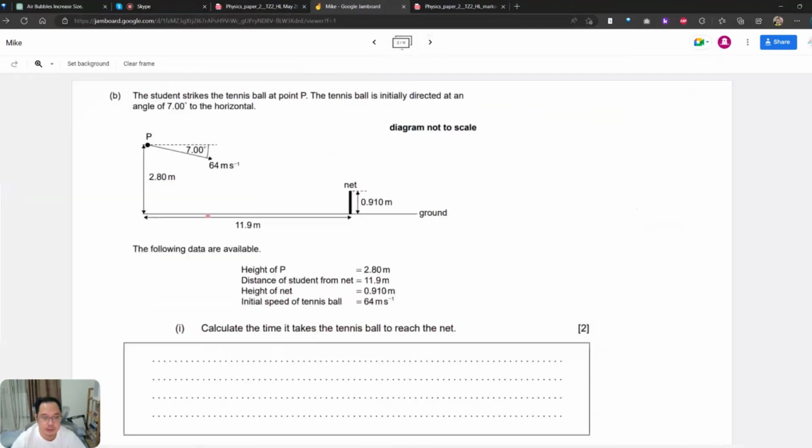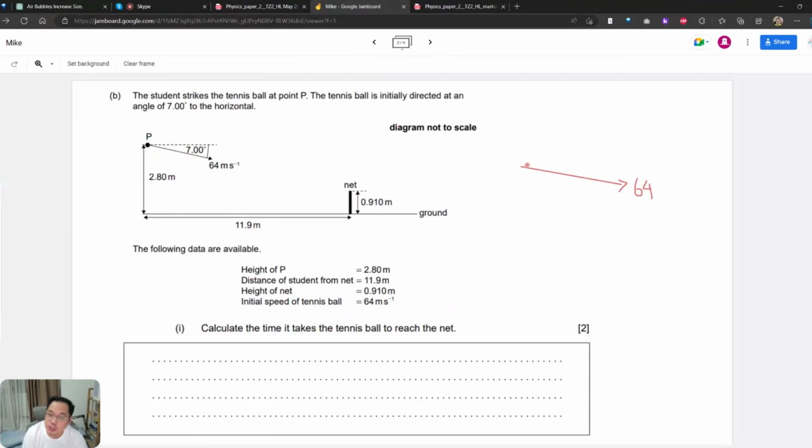The next question on the next page. Given the initial height of the ball, the angle 7 degrees that the ball makes with the horizontal direction, the distance 11.9 meters from the ball to the net, and the height of the net. Question 1, calculate the time taken for the tennis ball to reach the net. Can you do that? You just need to take the horizontal distance, 11.9, divided by the horizontal speed. The 64 here is the initial velocity, not speed.